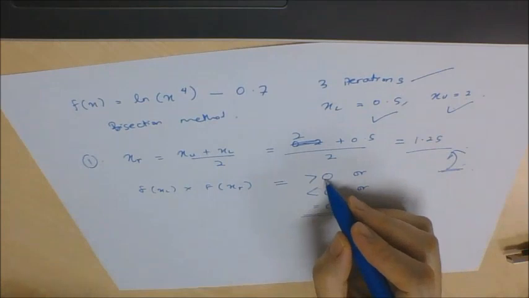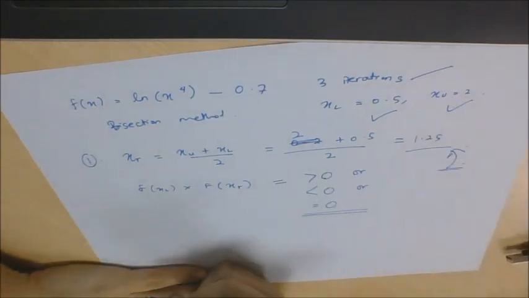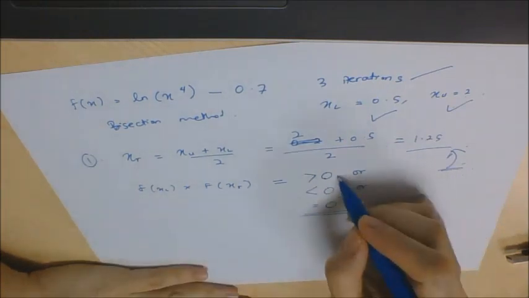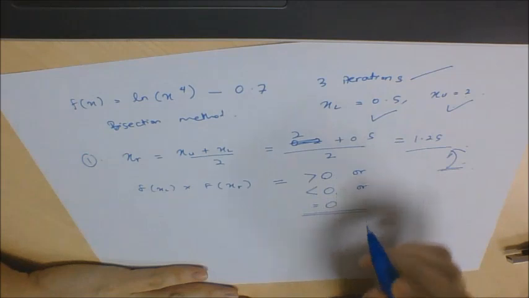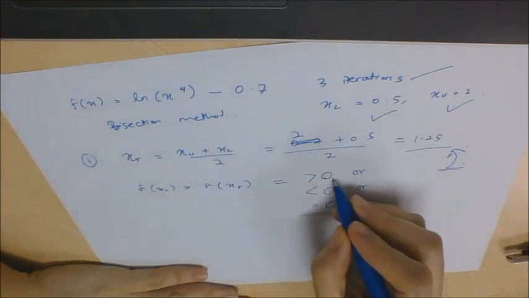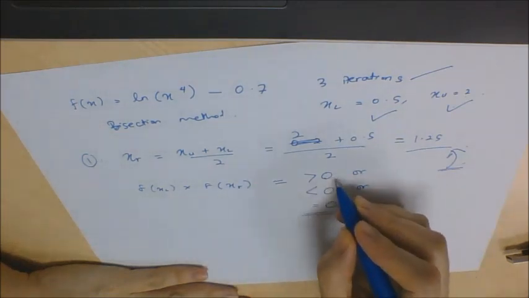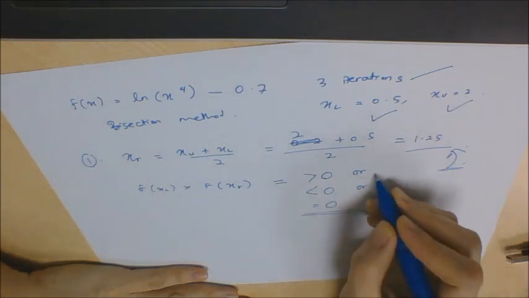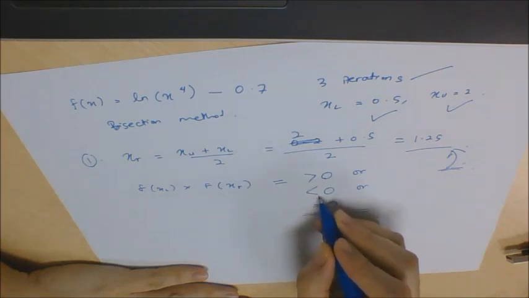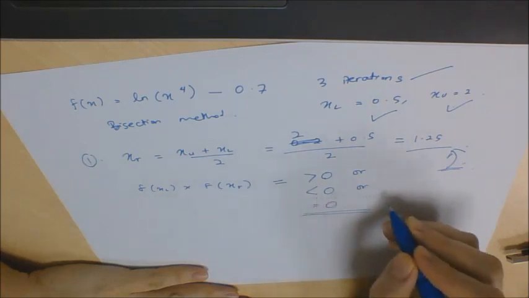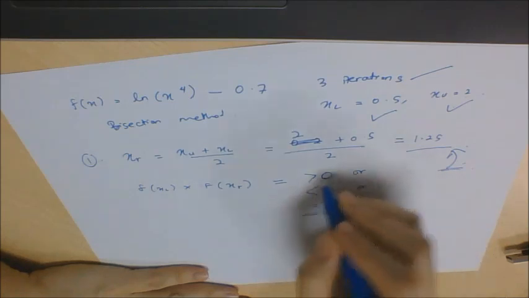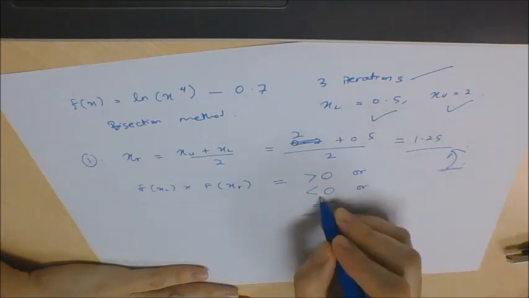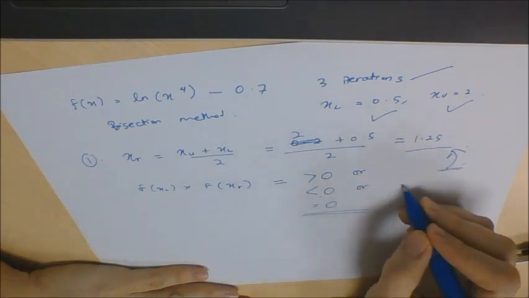But if it's more than 0, you need to do another iteration. If it's less than 0, you also need to do another iteration. The difference is for the next calculation: if it's more than 0, your XL equals your XR. If it's less than 0, your XU will become your XR.